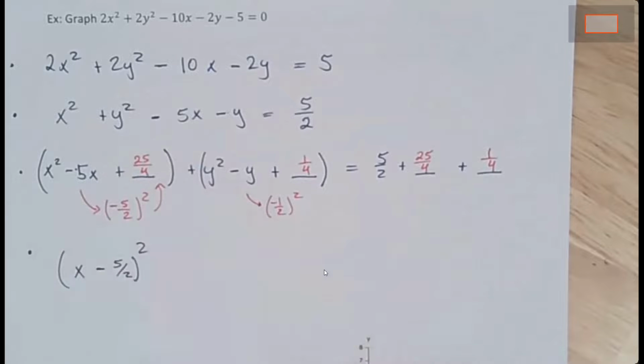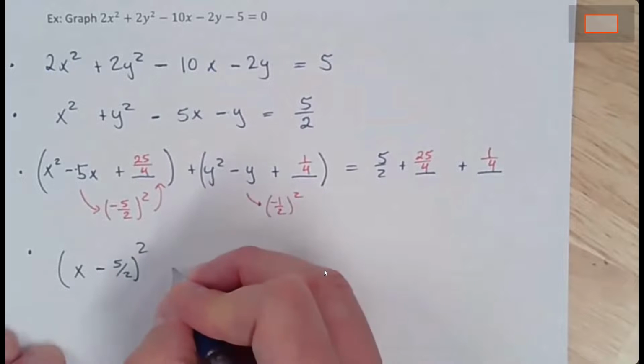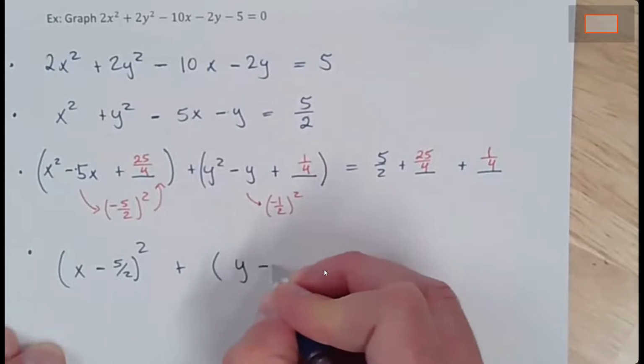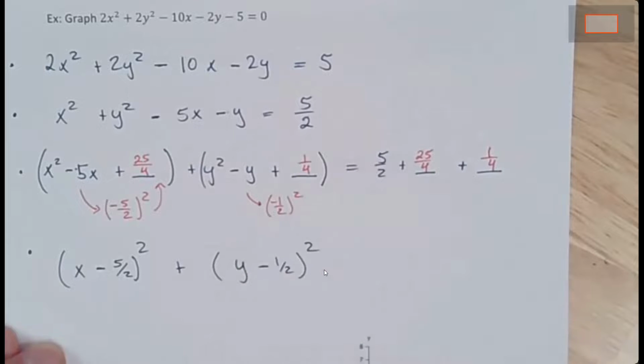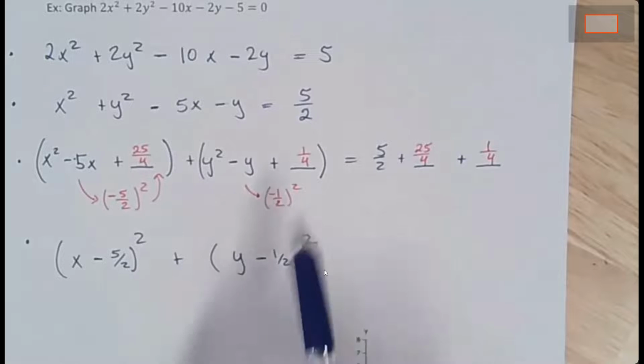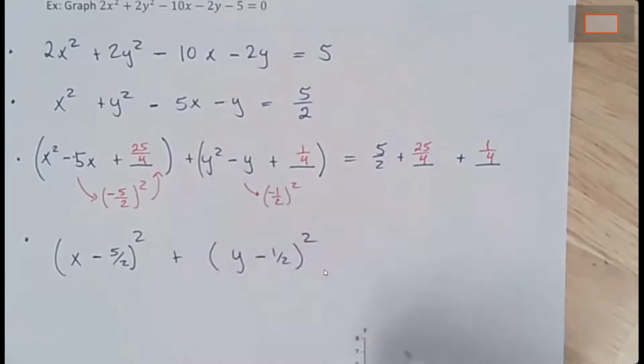Or I guess you could also say you're adding -5/2, but right, we're subtracting 5/2. And then for the next term, it's going to be y quantity squared. You could multiply it out, right? If you multiply this out, it's y minus 1/2 times y minus 1/2, and you would get y squared minus 1/2 y minus 1/2 y plus 1/4, which is exactly this.